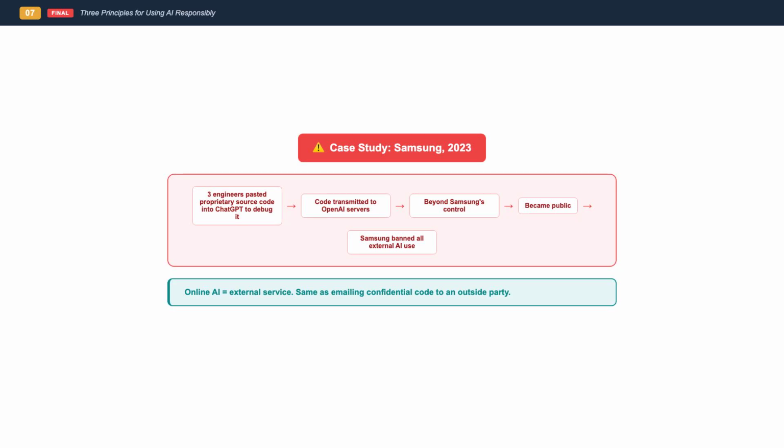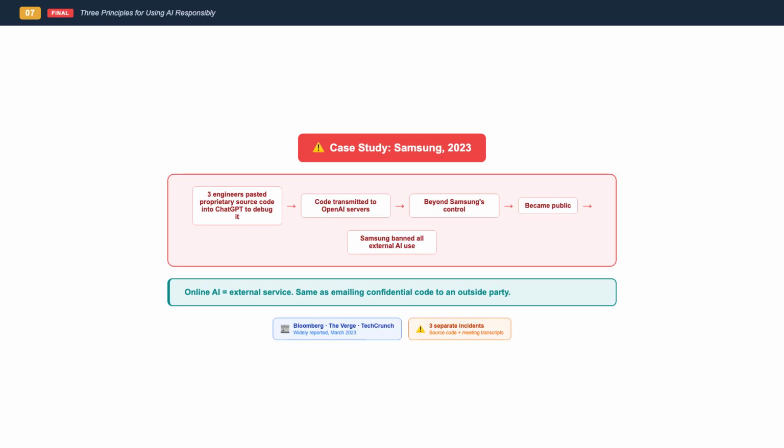The incident became public. Samsung subsequently banned all use of external AI services by employees. The lesson isn't that AI is dangerous. The lesson is that online AI services are external services. Data sent to them is outside your organization's control. The same way you wouldn't email confidential source code to a random outside party, you don't paste it into a public AI tool.